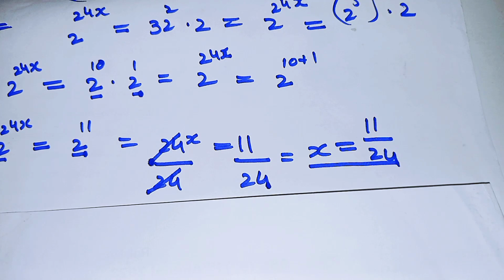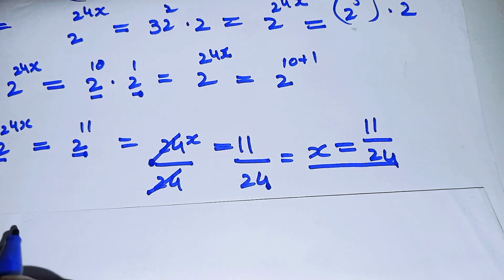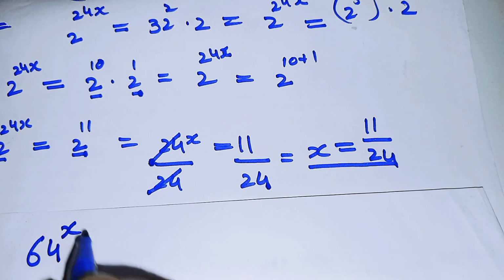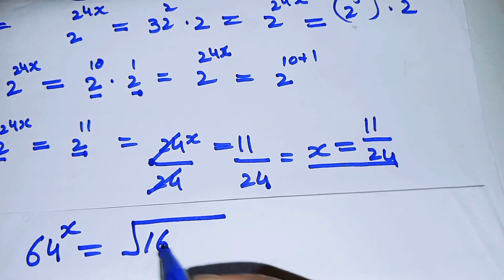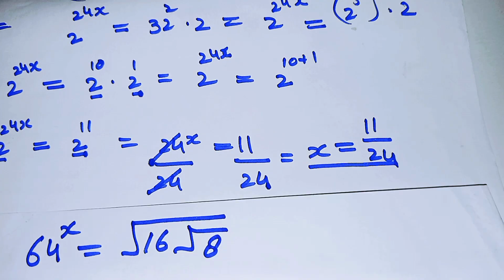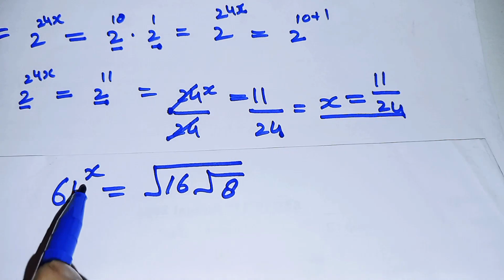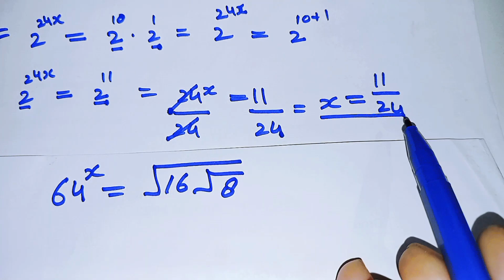And now we check this equation. The question is 64 to the power of x is equal to the square root of 16 times the square root of 8. Now we put the value of x, which is 11 over 24.